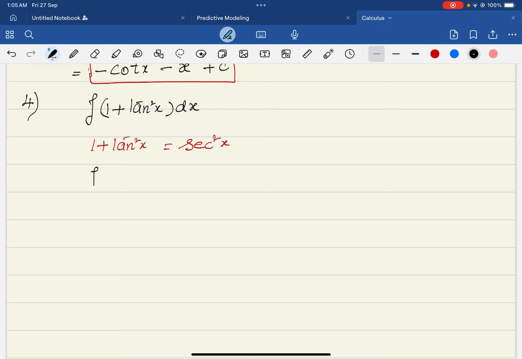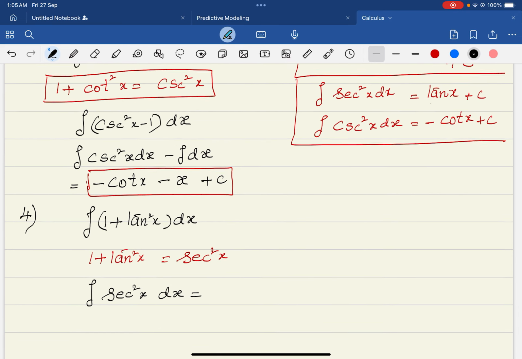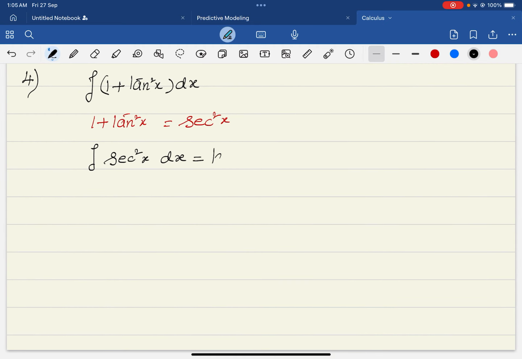The integral of 1 plus tan square x is the integral of secant square x dx, and we know the integral of secant square x is tan x. So we write it as tan x plus the constant. I hope it's clear. Now let us do some more problems like this.